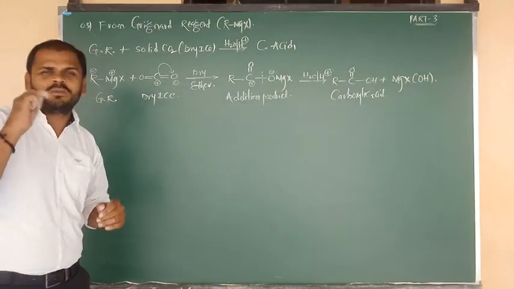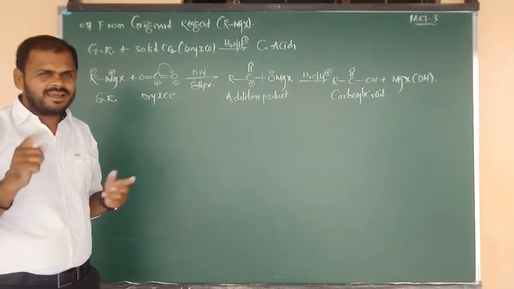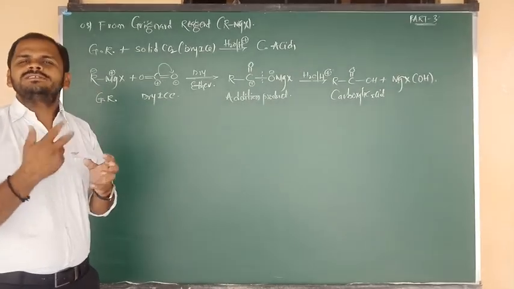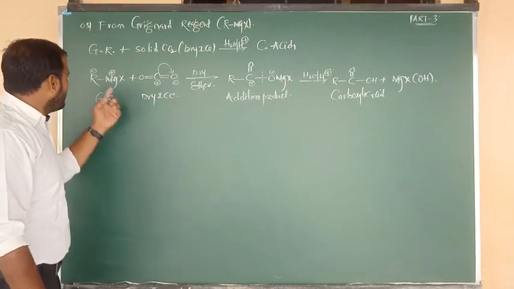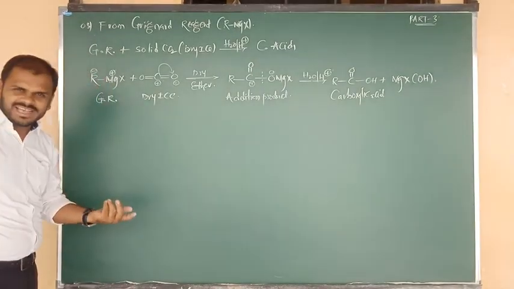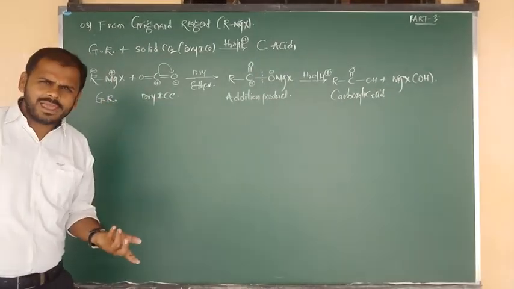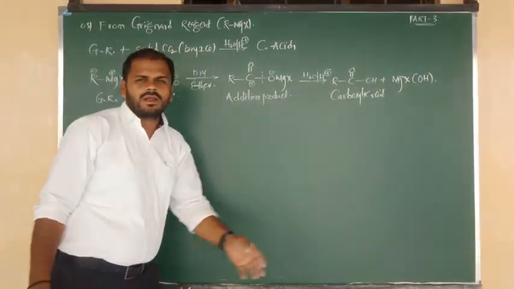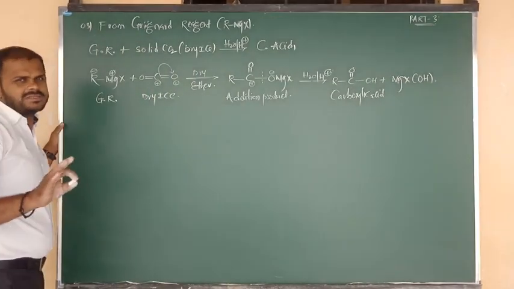Now I want to prepare two types of carboxylic acids. One is an aliphatic acid, acetic acid. One more is an aromatic acid, benzoic acid. In the place of R we take CH3, and you will get acetic acid. In the place of R, if you take benzene, we will get benzoic acid. The two examples I am going to show you.